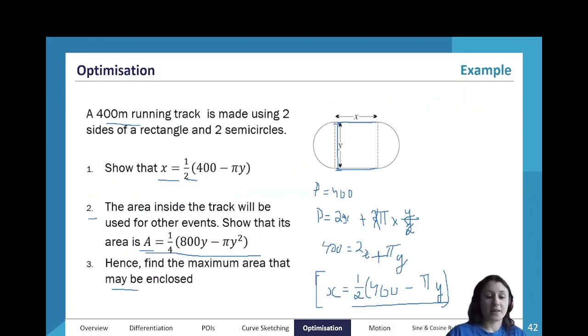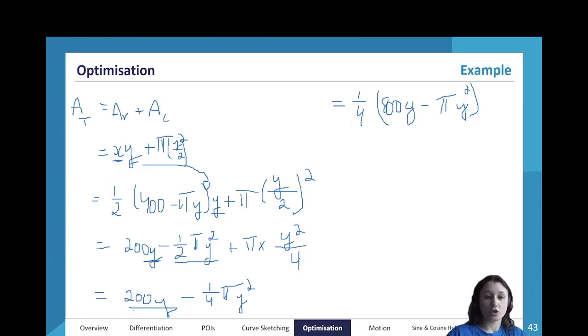Now we need to find the maximum area that may be enclosed. So from here we need to find the maximum area, which means we need to find the stationary point on that curve. So we're going to find the derivative. We're going to have a quarter outside of 800 take 2 pi y.